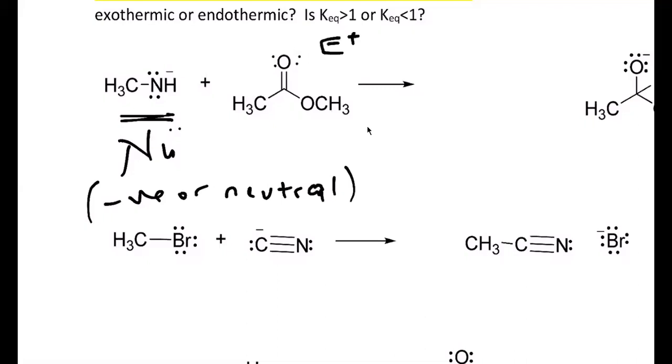All right. Now, knowing that that's my electrophile, how do I know where the electrophile is going to react? What am I looking for? Once I identify my electrophile, I look for a polarized bond.